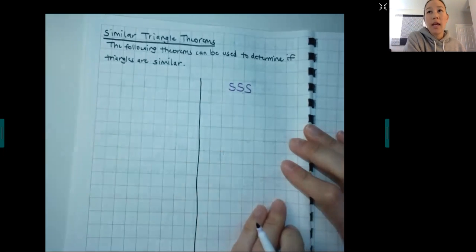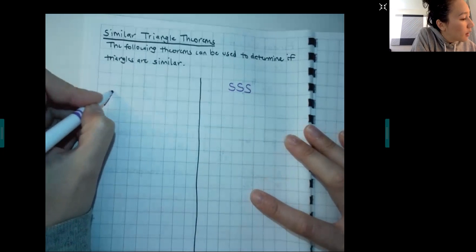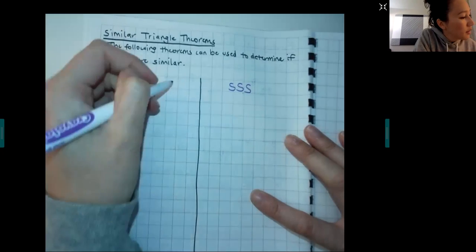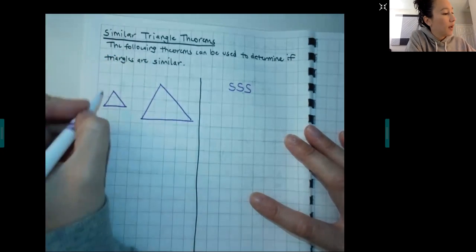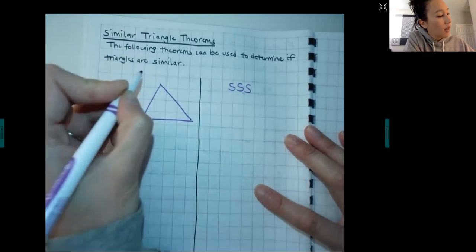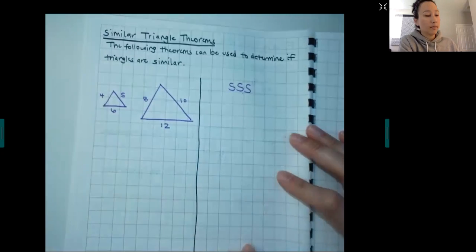First one is side, side, side. So we have 2 triangles, a larger one and a smaller one. These sides are 4, 5, and 6. These sides are 8, 10, and 12.